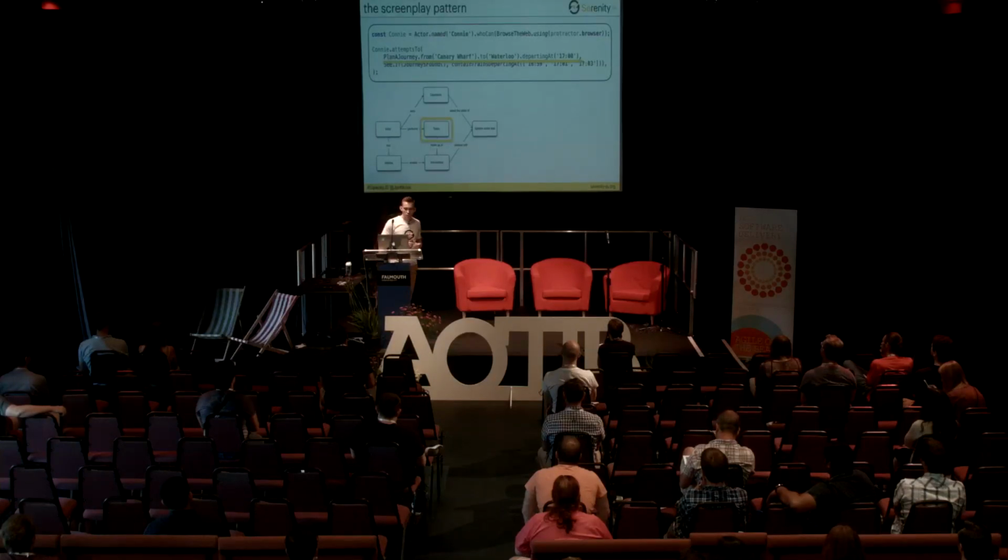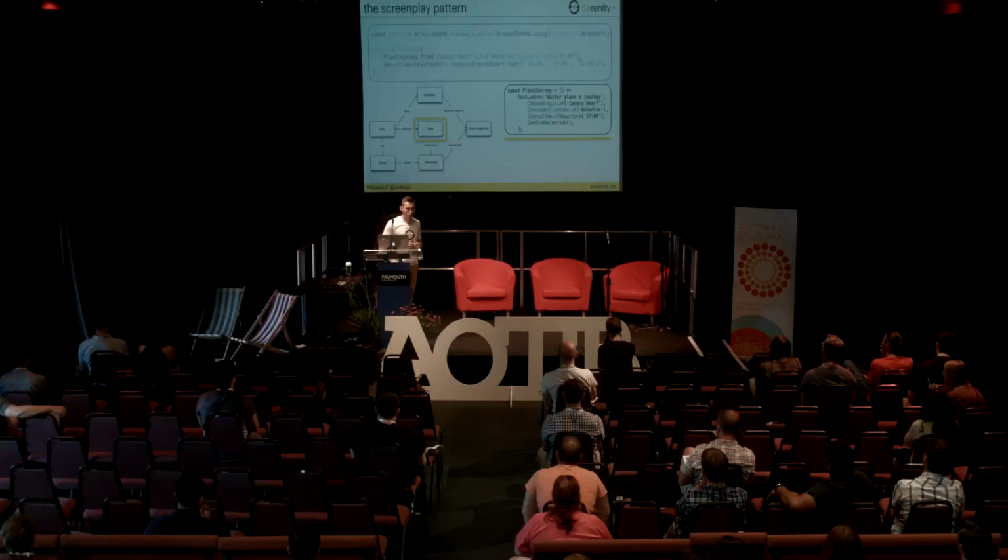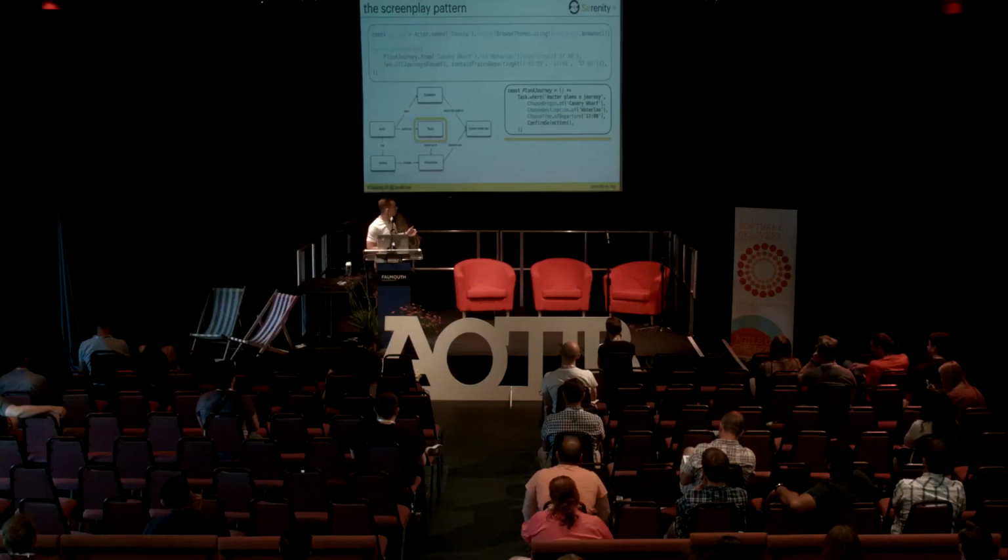Now, as you already know, those tasks can be composed of lower-level subtasks or other interactions. And that's how we do that. So, for example, a task to plan a journey is a task where actor plans a journey, and then we give it some more tasks to perform. And as you can see, all this stuff is fairly straightforward.